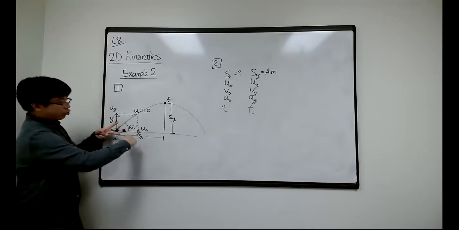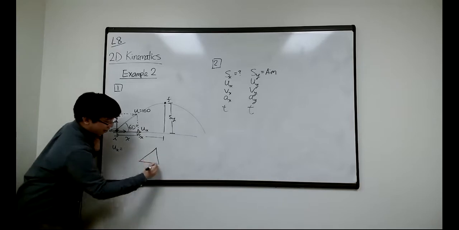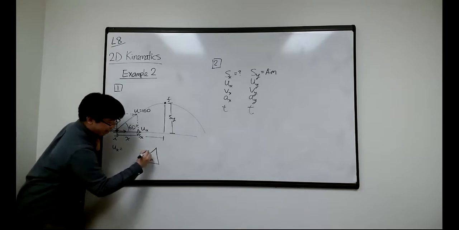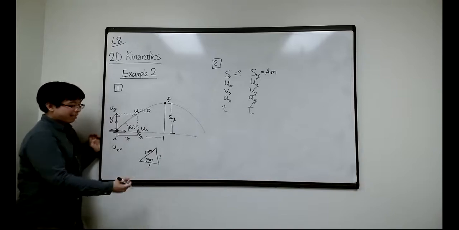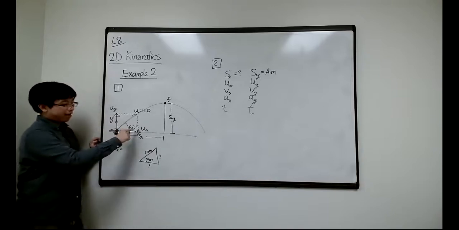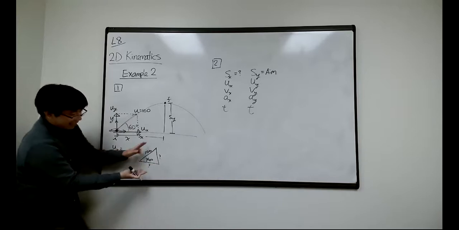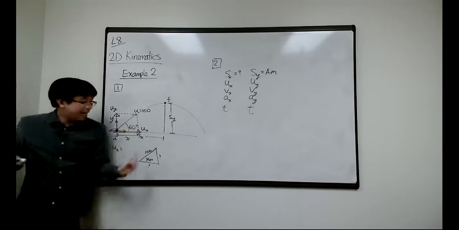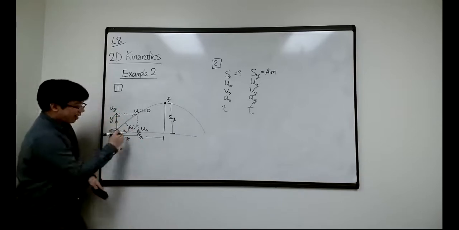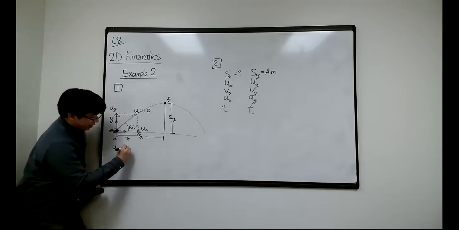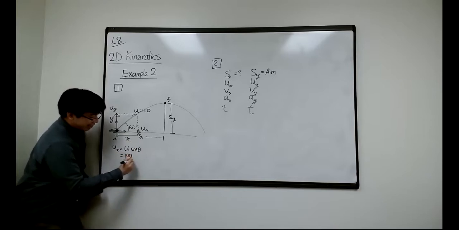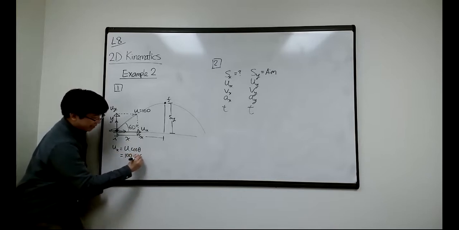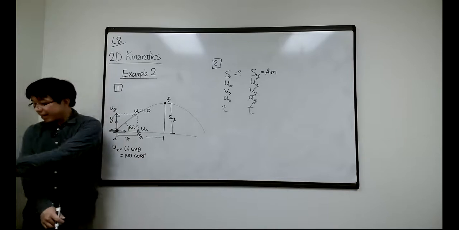If not, you can just draw out a separate triangle yourself. This is 60, this is 100. What is this? What is this? You can do the sine and cosine, but I'll use the quick trick. If I want to find this and it's sandwiching the angle that I'm given, I can just use U cosine theta, right? In my case, 100 cosine 60 degrees, like that.